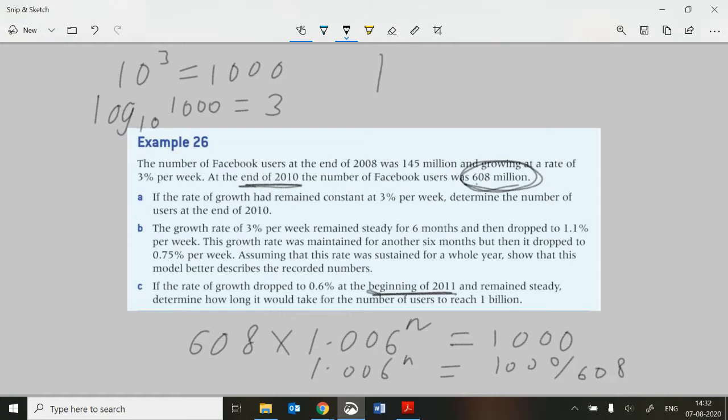So we can say log to the base of 1.006, that's our base number here, to get the answer of 1,000 divided by 608, what power do we need on this? It's the question that log is asking. And I don't know what the answer is to that, but if you type it into a calculator, then you will get the answer. Alternatively, you can do this by a table.